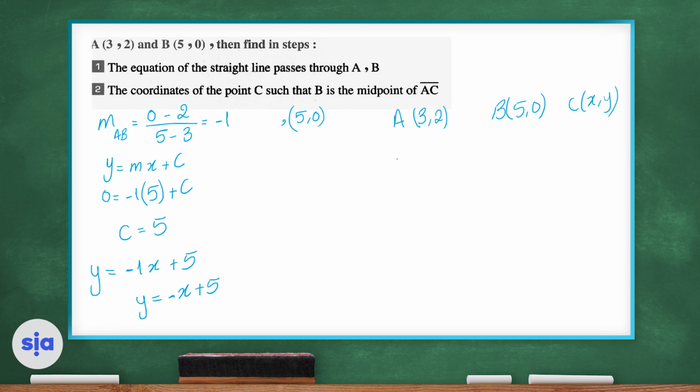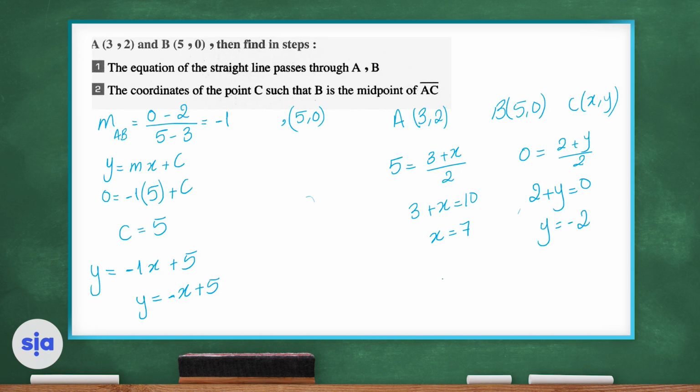As B is the midpoint, 5 equals 3 plus x over 2, and 0 equals 2 plus y over 2. To find the x value, 3 plus x equals 10, so x equals 7. And to find the y value, 2 plus y equals 0, then y equals negative 2. Then the coordinates of point C are (7, -2).